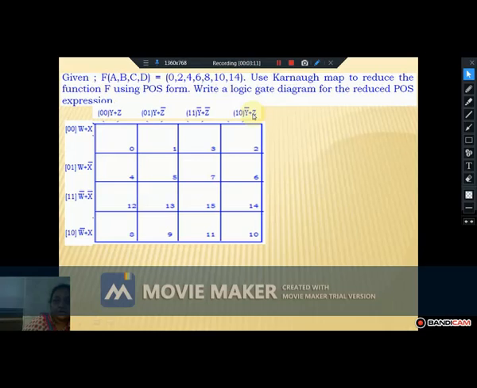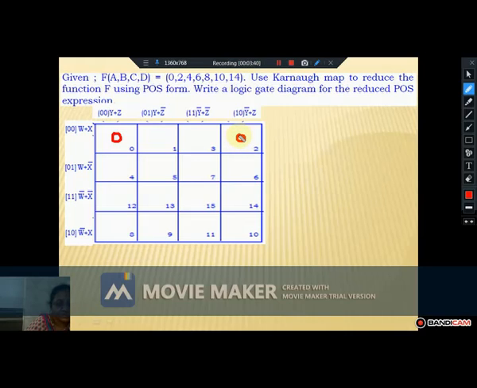Now we use the K-map to reduce the expression. Let's mark 0 for 0, 2, 4, 6, 8, 10 and 14. So 0 is here, let's put a 0 here. Then 2, let's put one more 0.